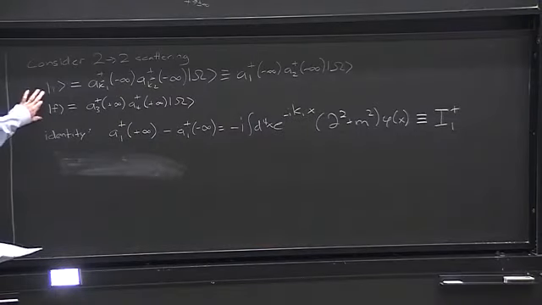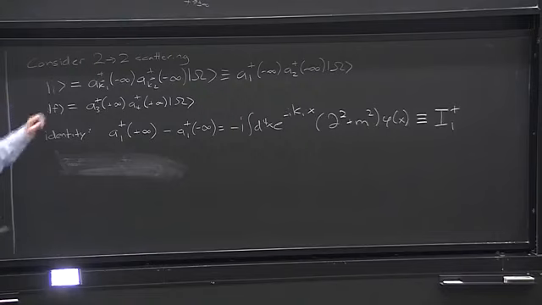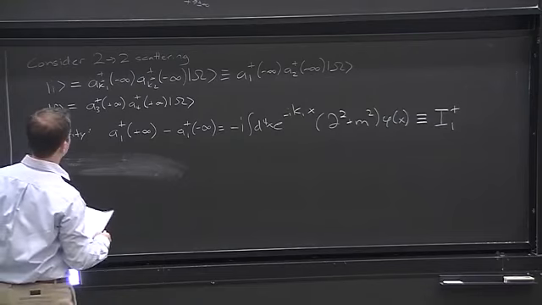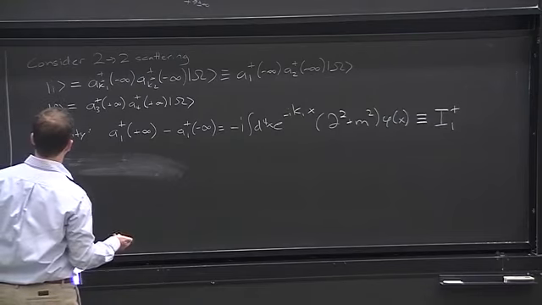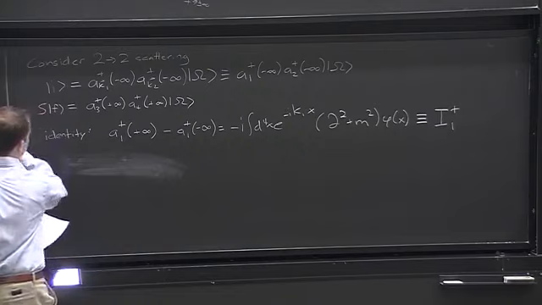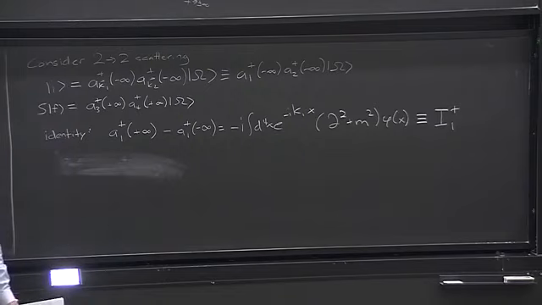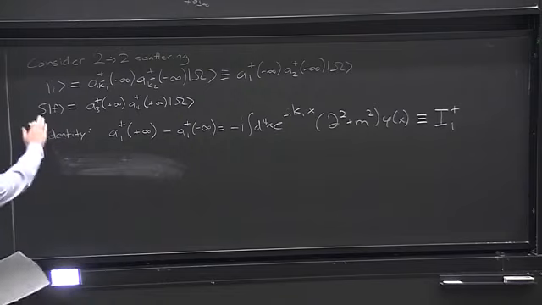I shouldn't have done that. I should have picked the initial time as our reference time, and then this is really S times F. We've time evolved it. There's an S missing here.